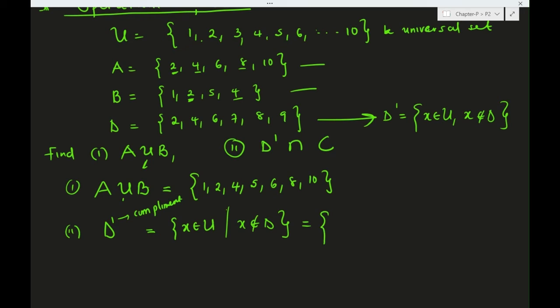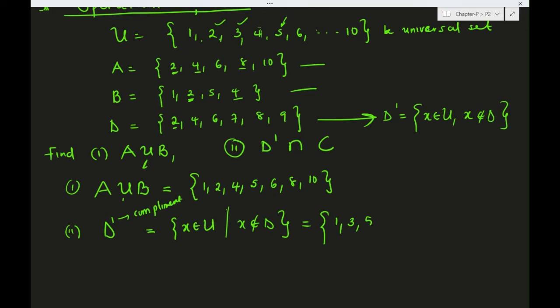So if you look at our set now, where is D? You can see there is 1. 1 is in the universal set but it's not in D, so we'll take 1. We also have 3, which is in the universal set but not in D. We have 4, but 4 is also in D, so we cannot take it.